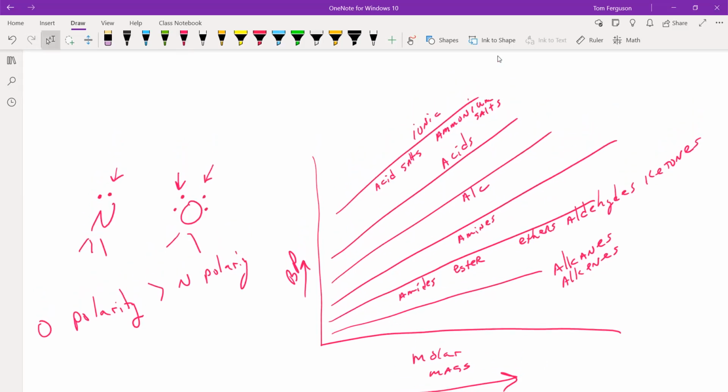Okay, so this is important because frequently a question will be asked, I'll give you some compounds and which has the highest boiling point. So you need to keep this order in mind. The good old alkanes, alkenes, those are the least polar. The ionic ones are the most polar.